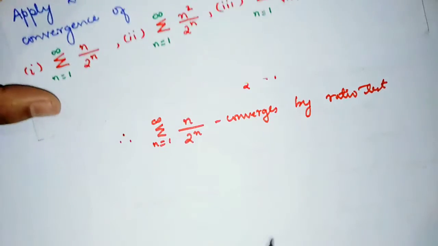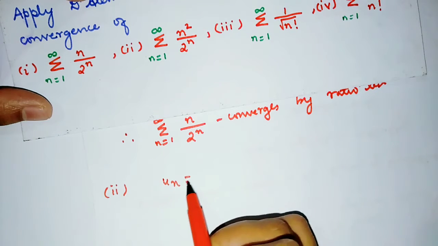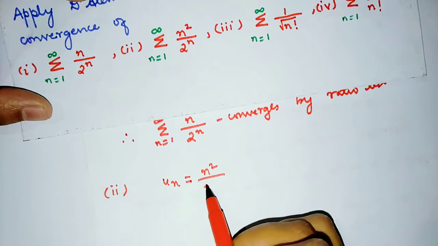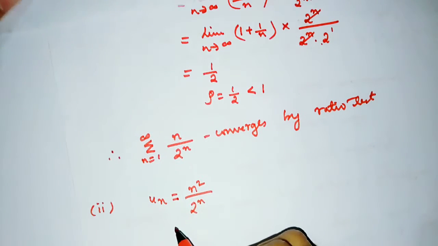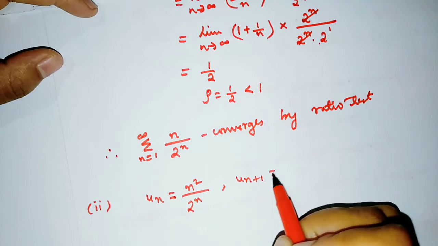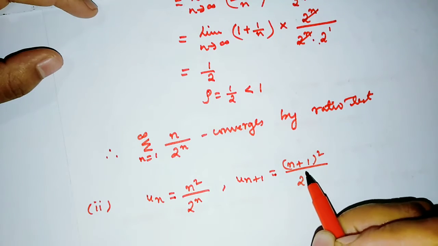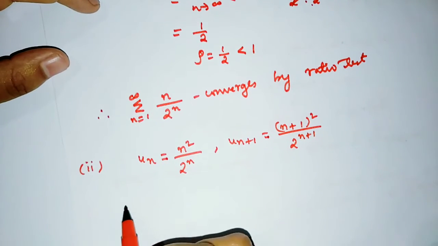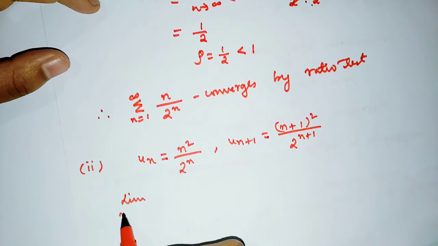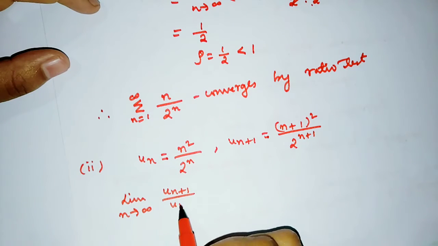Now the second one also, our UN is n squared by 2 to the power n. Our UN plus 1 is n plus 1 whole thing square by 2 to the power n plus 1. Take the limit n tends to infinity, UN plus 1 by UN.